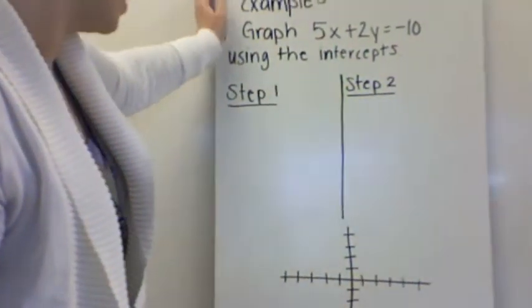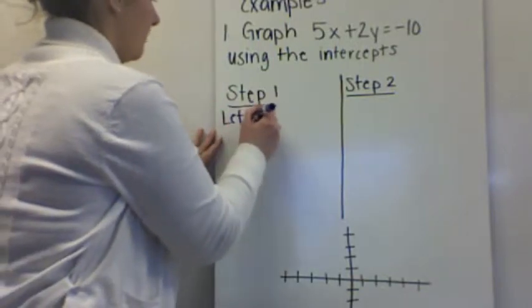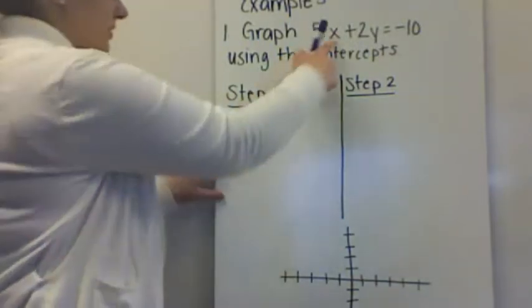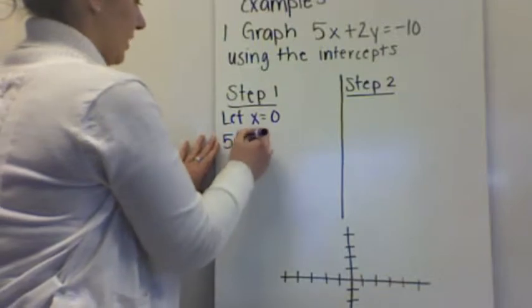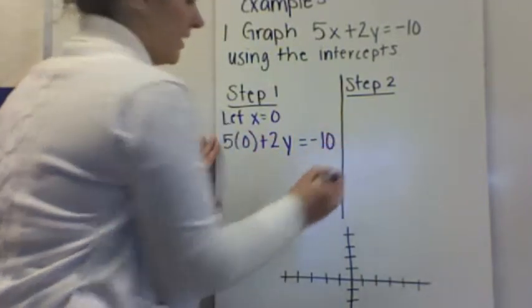We'll do one example together. Graph 5x plus 2y equals negative 10. So from start to finish, first we start, again, let x equal 0. So we're substituting 0 for x, 5 times 0 plus 2y equals negative 10.